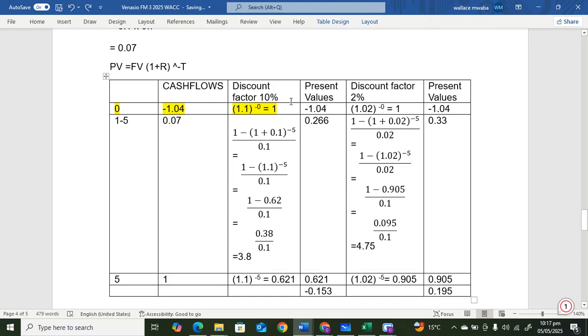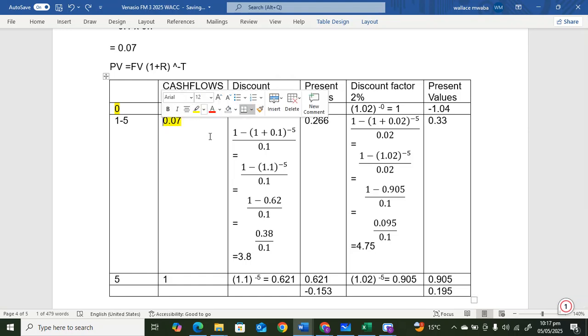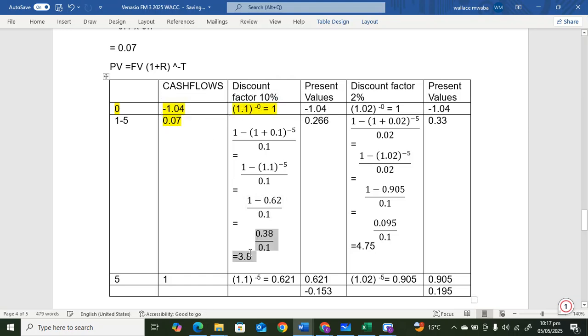Then to get the present values, you just multiply these two numbers: negative 1.04 times 1, 0.07 times 3.8, and 1 times 0.621.